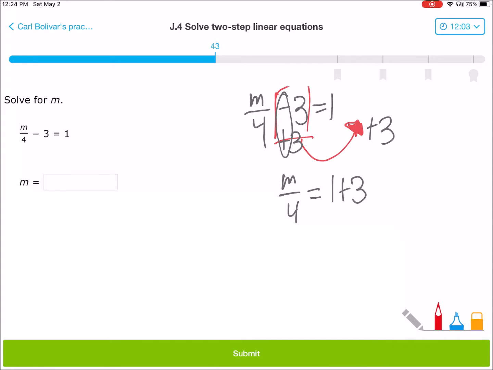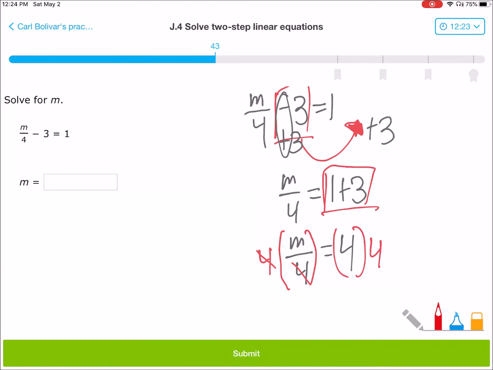Okay, so then we simplify. So if we simplify, this would be m over 4 is equal to 4, and then we multiply by 4 on each side to get rid of that division line there, to get that 4 away from that m.